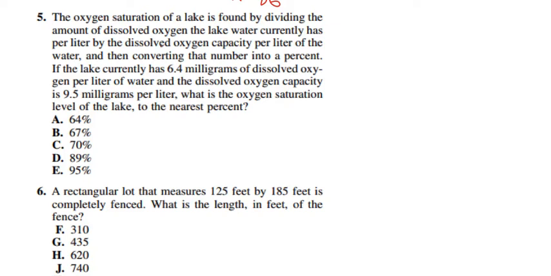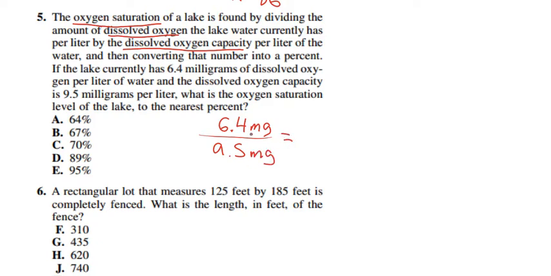So in the beginning, they tell us that the oxygen saturation of a lake is found by dividing the amount of dissolved oxygen. We found that there is 6.4 milligrams of dissolved oxygen per liter. We're going to divide this by the dissolved oxygen capacity per liter, which is going to be 9.5 milligrams.